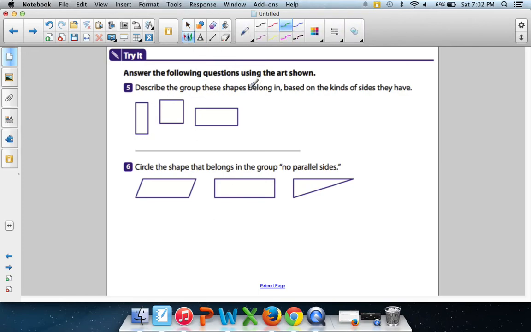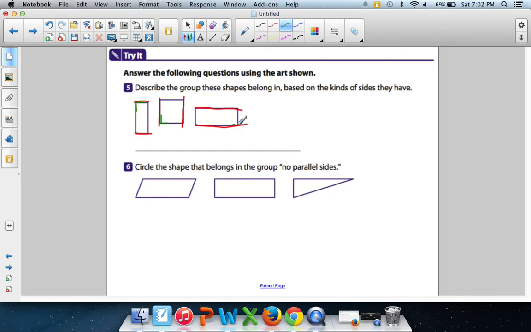Describe the group these shapes belong in based on the kinds of sides they have. We'll take a look. They have parallel sides, don't they? Those lines are perfectly straight. They'll never cross. I see parallel lines. But you can also find perpendicular. This line and this line make a perfect right angle. This line and this line make a perfect right angle.